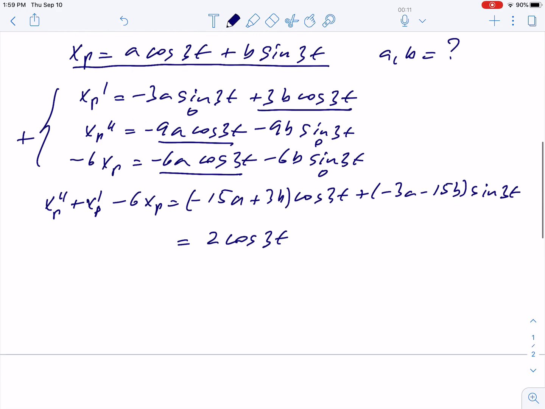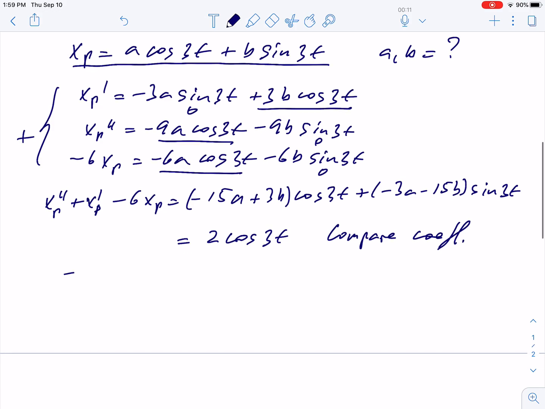And now we compare coefficients. In front of cosine on both sides, we should have the same thing. So negative 15a plus 3b should be 2. We do the same for the sine.